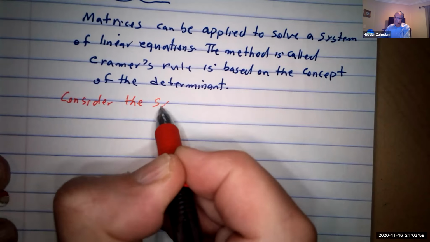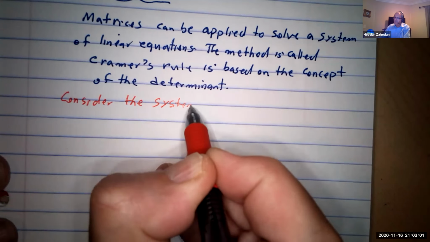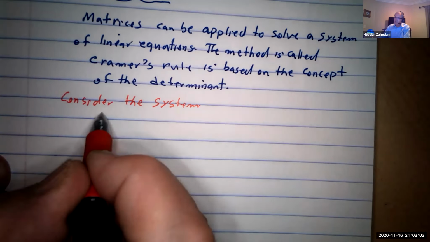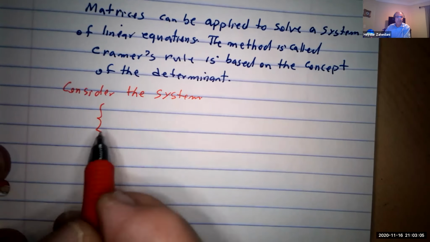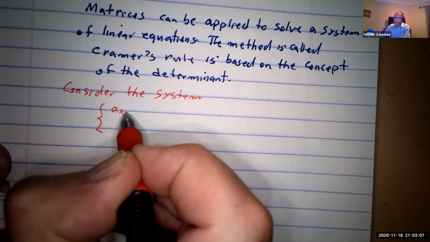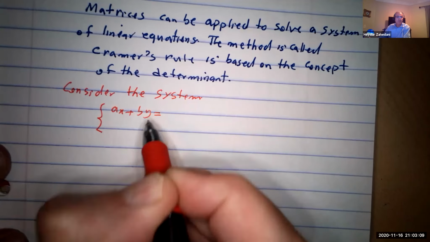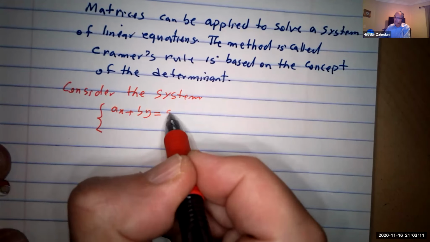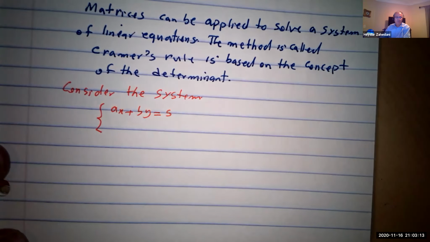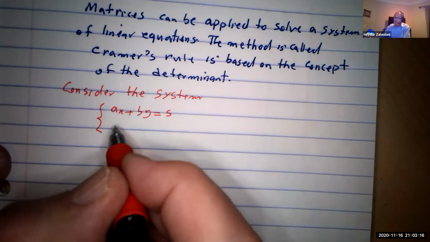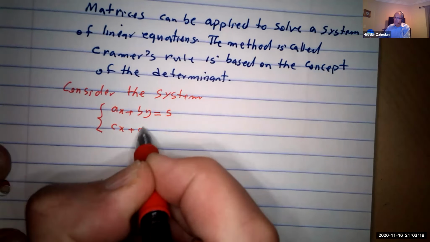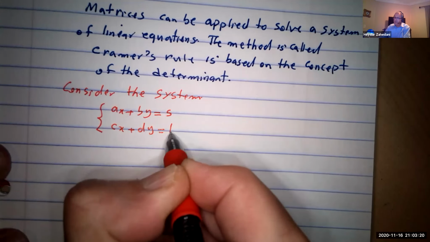Consider the system. The system in question is this one: ax plus by equal to, let's say, s. And the second equation is cx plus dy, let's say, is equal to t.